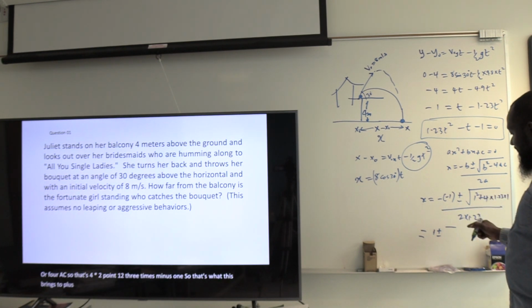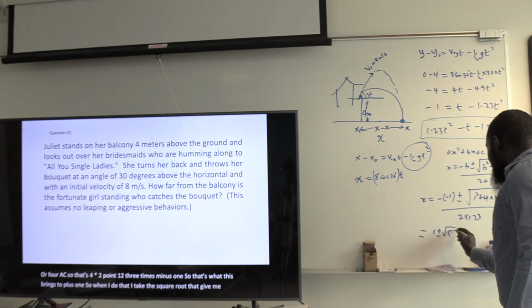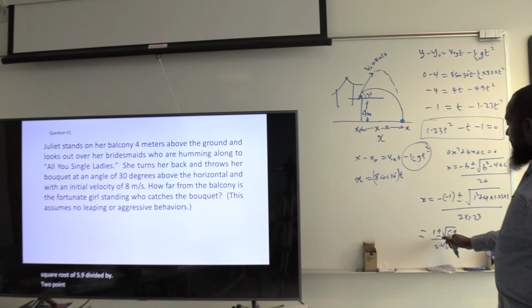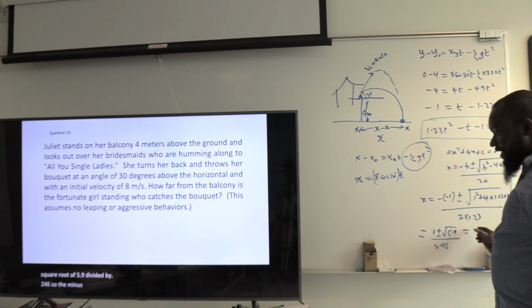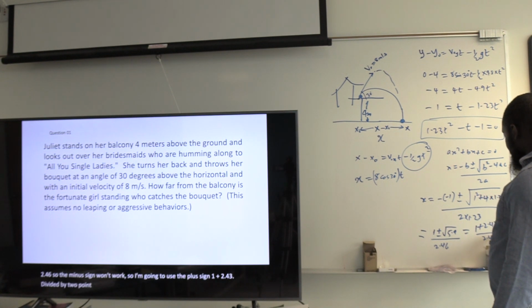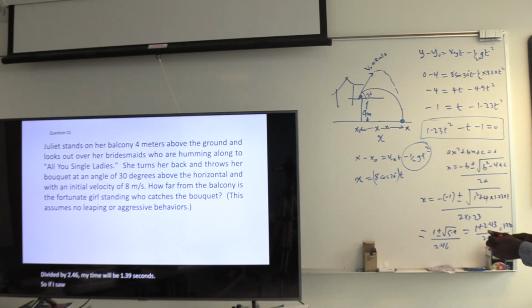So when I take the square root, that'll give me 5.9, square root of 5.9, divided by 2.46. So the minus sign won't work, so I'm going to use the plus sign. 1 plus 2.43 divided by 2.46. So my time will be 1.39 seconds.